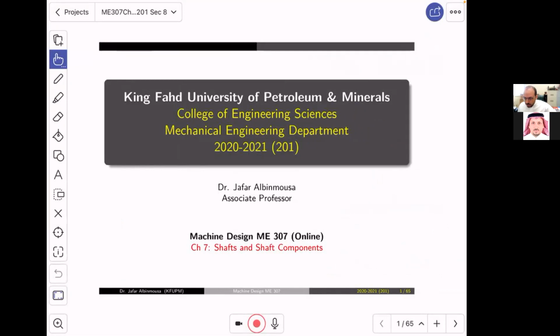To this day, we cannot do without the shaft. Why? The wind turbine, which is one of the new generation methods to generate electrical energy, will need a shaft.